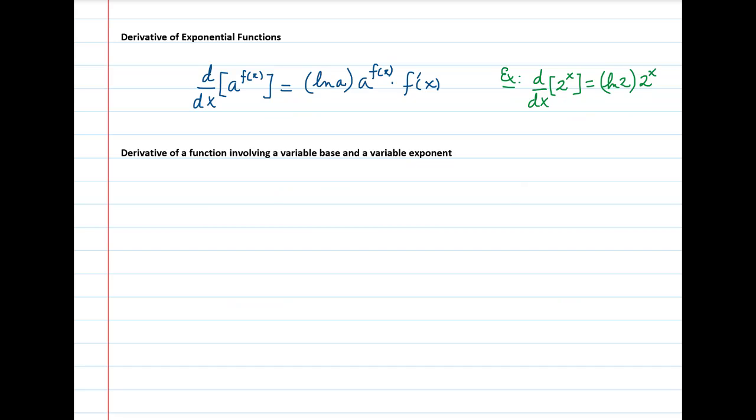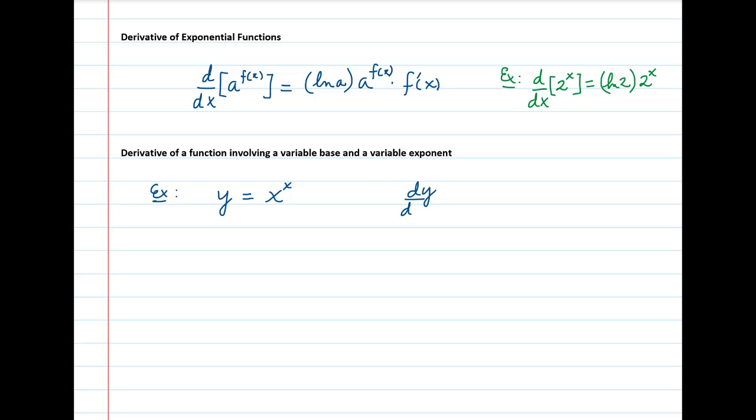Again, these are rules that we've already seen. We know what the derivative of a constant is. We know how to use power rule. We know how to find the derivative of an exponential function. But now what if we get a function that looks like this, right? y equals x raised to the x, where the base is a variable and the exponent is a variable as well.